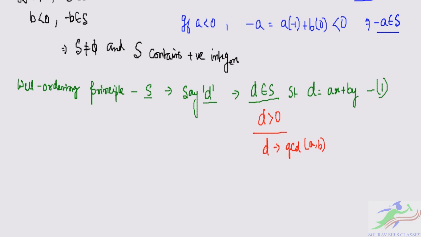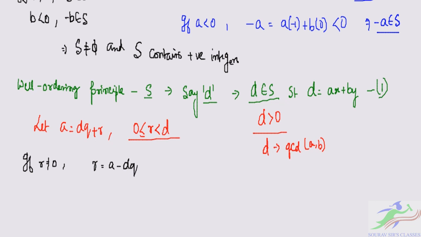let us take a equal to Dq plus r, where r ranges between 0 and D, that is 0 less than or equal to r less than D. Then if r is not equal to 0, we have r equal to a minus Dq.